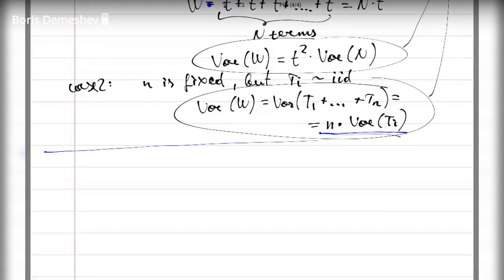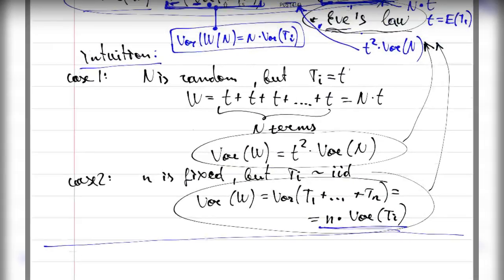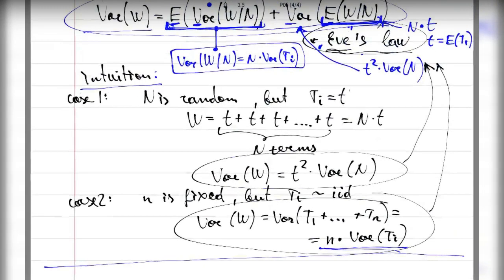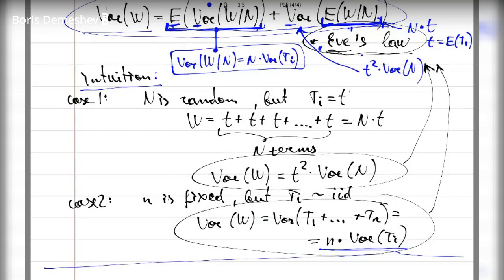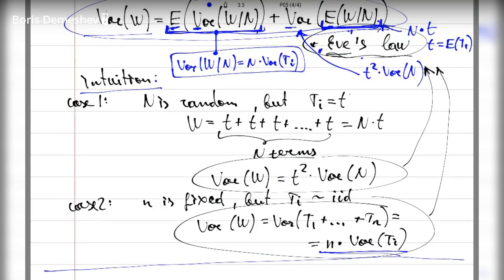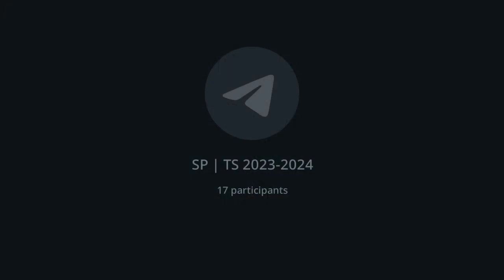But I think that's a good point to discuss a little bit the intuition of what each term means. So the first term is roughly responsible for the case when you think, let's say n is fixed and ti is random.